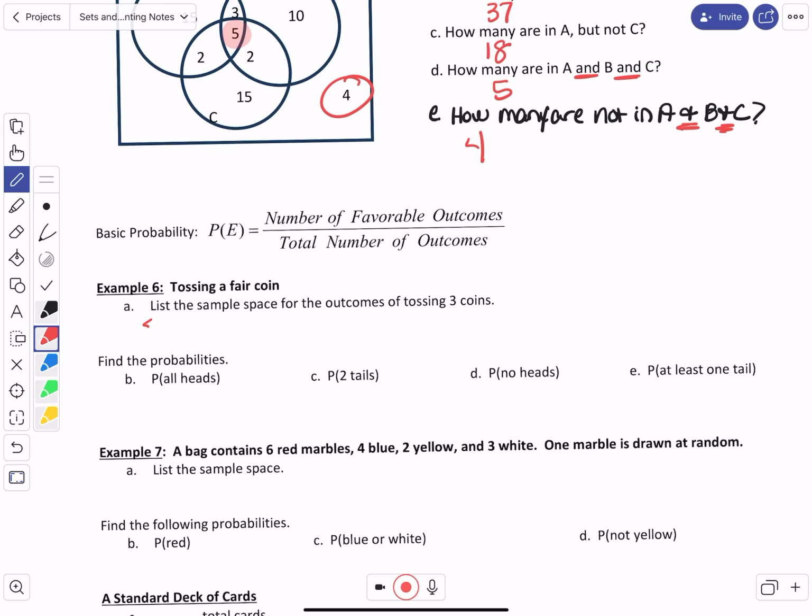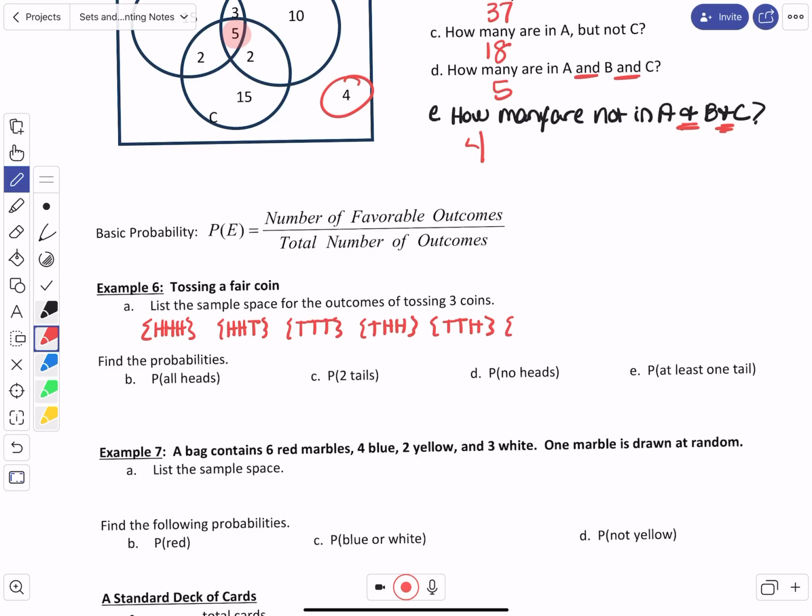And what this would look like would mean that you could get heads, heads, heads. You could get heads, heads, tails. You could get tails, tails, tails. You could get tails, heads, heads. You could get tails, tails, heads.